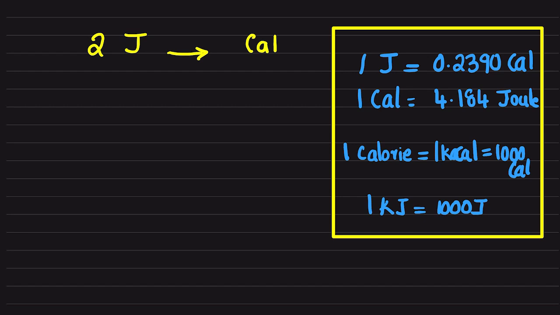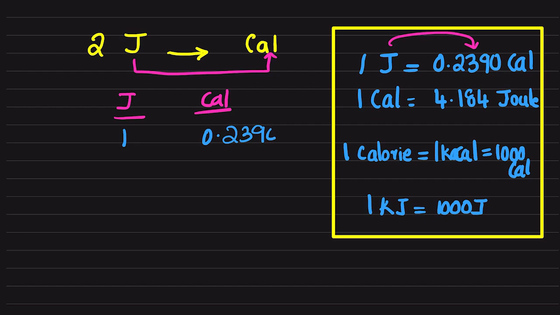Now look at this one. Here pick up step 1. What is our step 1? Here we need to convert joule to cal. So pick up the relation joule to cal. I am taking the relation 1 joule equals 0.2390 cal.